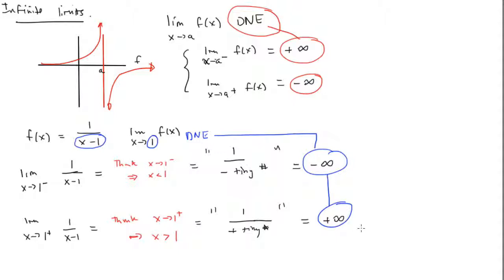So from this we can figure out what an infinite limit should look like both from a graphical standpoint and also from a numerical standpoint by thinking through in our head how this goes. The problems for the pre-class will be pretty similar, different numbers, different functions a little bit, but you should have no trouble.